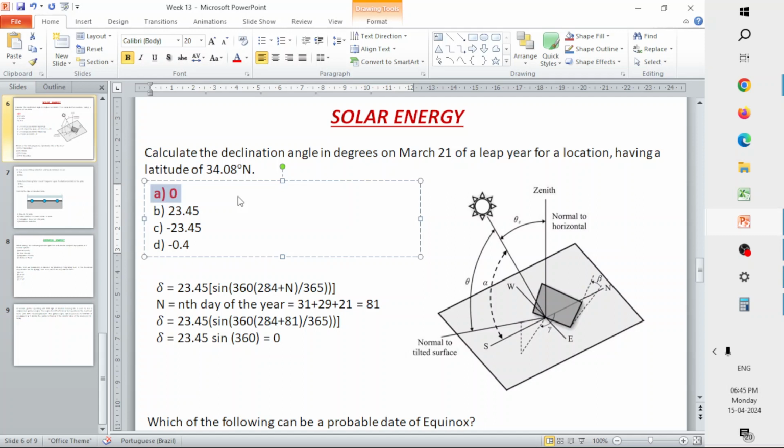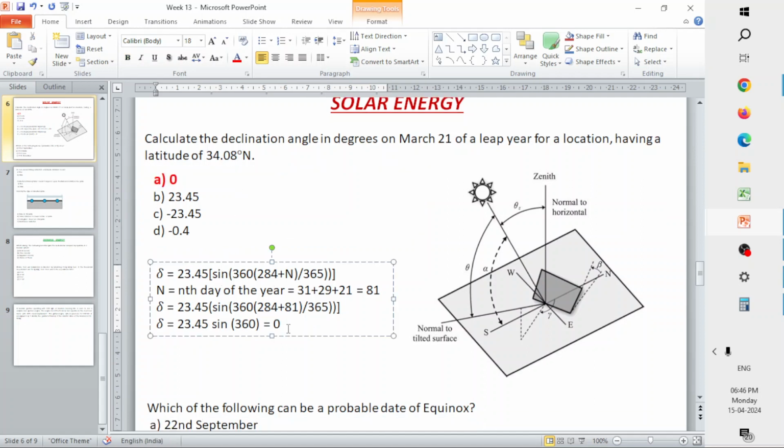Those are called the equinox days. Depending upon the declination angle, whether it is 0 or 23.45, we have 4 different days in our calendar year. 2 are called the equinox days, and 2 are called the solstice. Equinox happens when the declination angle is 0.